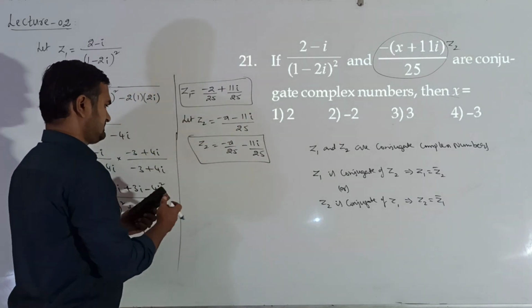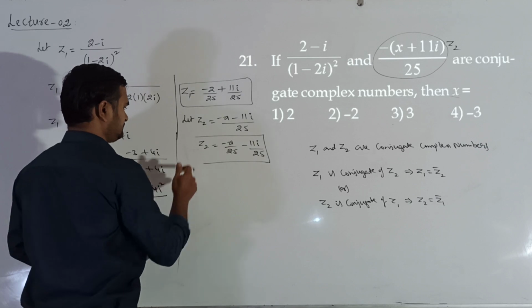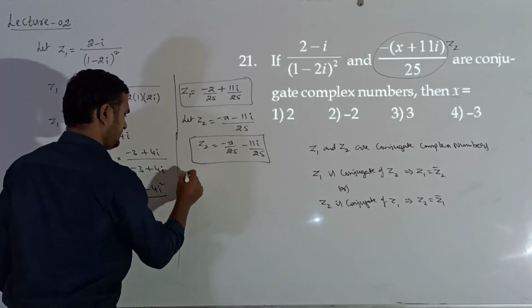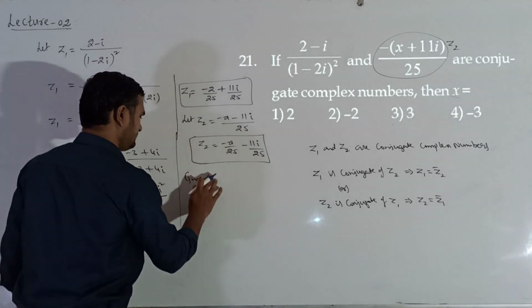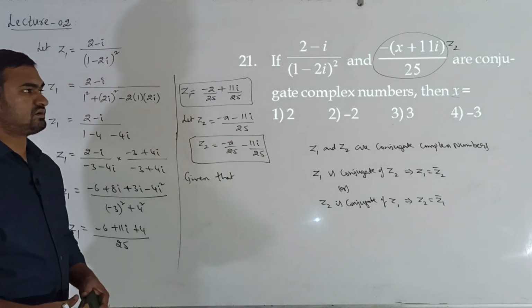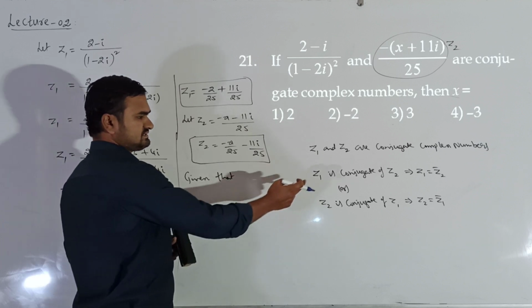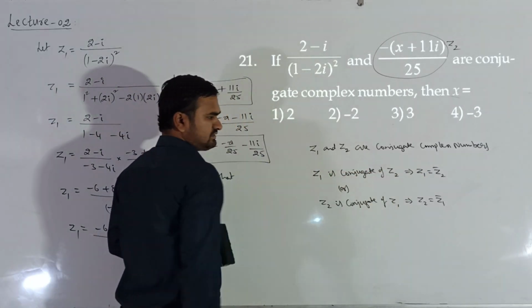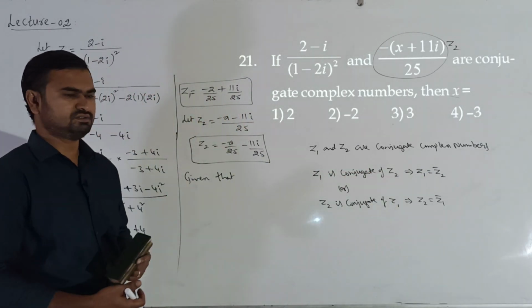So what they have given is that they are conjugate complex numbers, which means it should satisfy this condition, z1 equal to z2 bar or z2 equal to z1 bar.